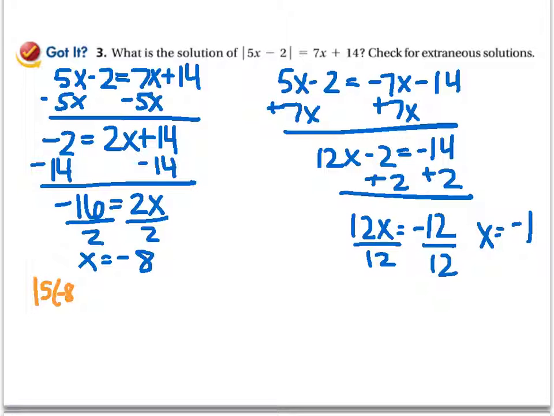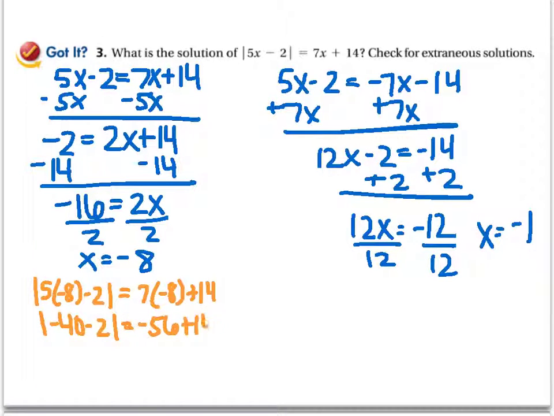5 times negative 8 minus 2, that's what we're taking the absolute value of, equals 7 times negative 8 plus 14. So the absolute value of negative 40 minus 2 equals negative 56 plus 14.